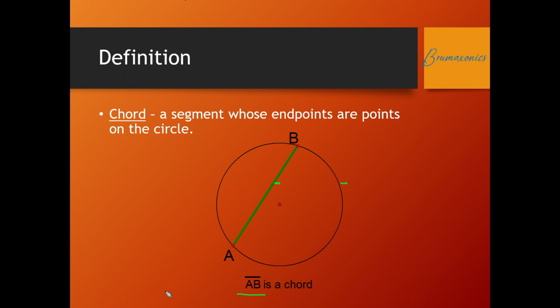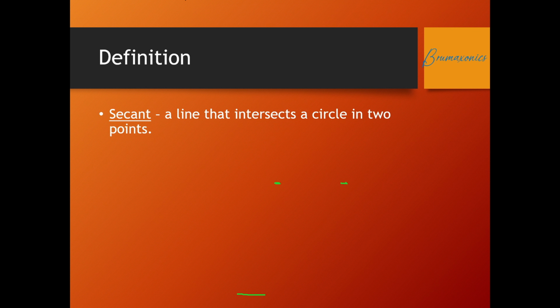So with that, let's continue to a secant. A secant is a line that intersects a circle at 2 points, right? So with that, it means that this is not a chord. This intersects a circle at 2 points, meaning that it will intersect the circle and pass through.